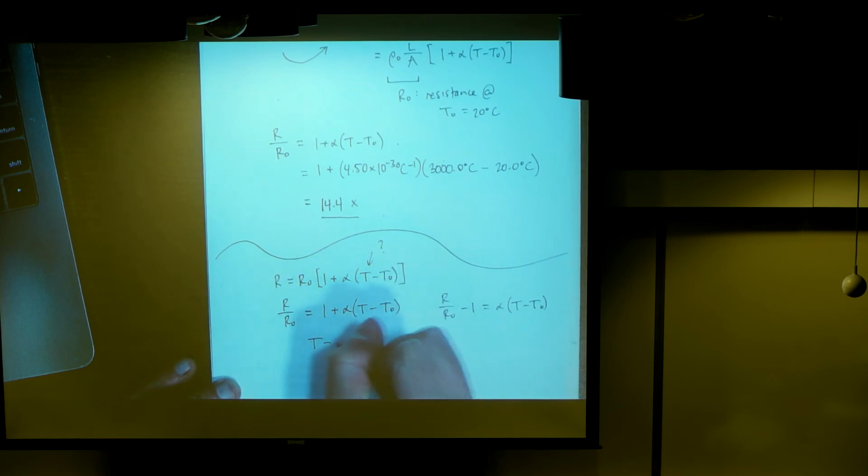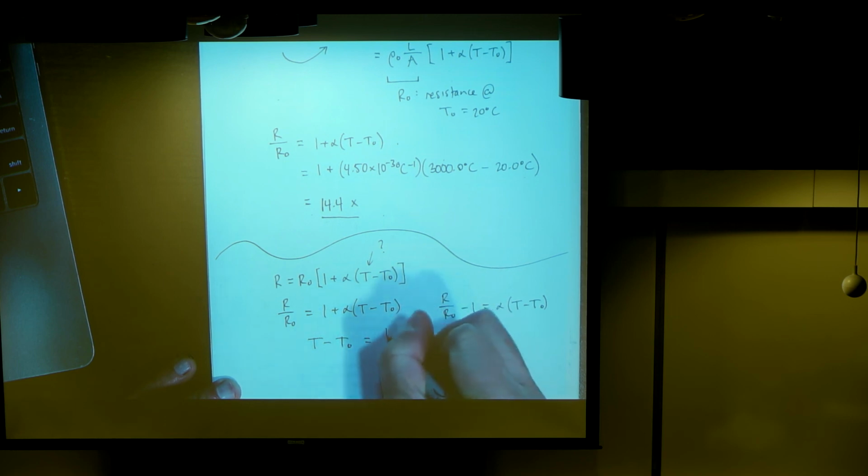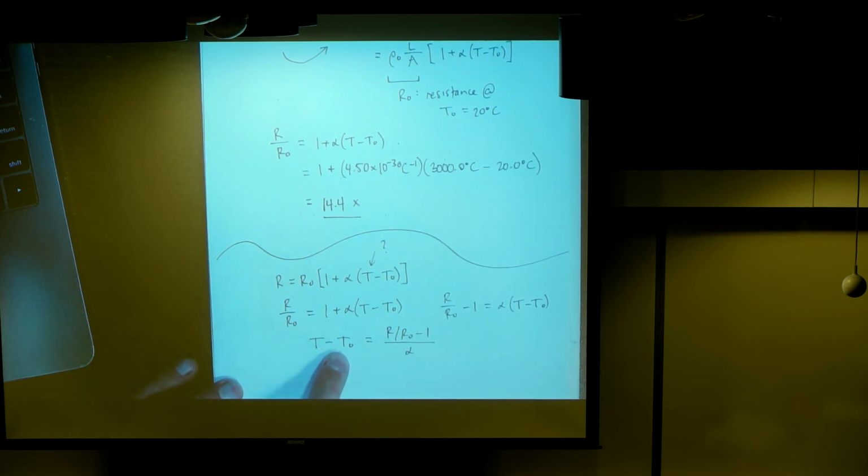So we have T minus T naught is (R over R naught minus 1) divided by alpha. And then finally, let's add the T naught term to both sides, and we just have T equals T naught plus (R over R naught minus 1) divided by alpha.